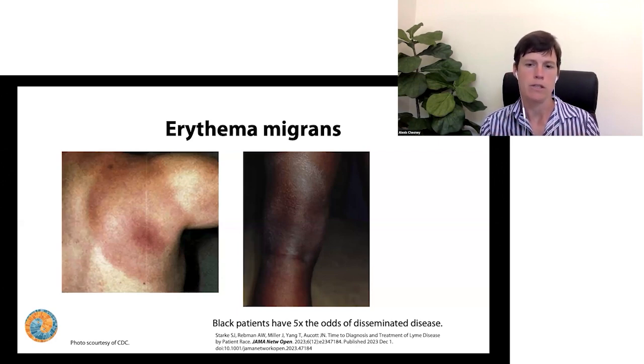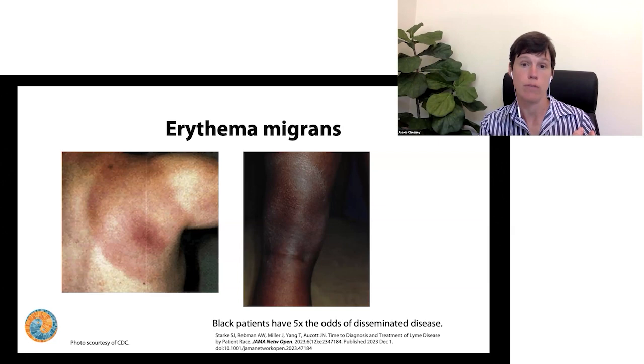And so that means that they've missed that earlier window to get the treatment. So if you find an Erythema migrans and you treat, there's a better outcome. So just something to be aware of.